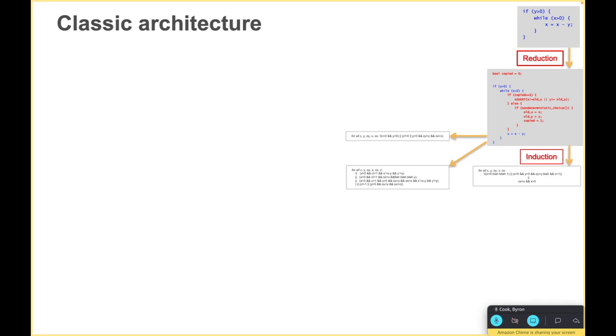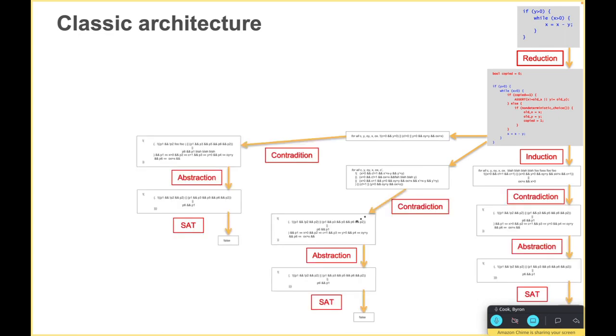Typically with induction, you have an inductive invariant, you check the step case, you check the base case, and you check that the invariant implies the property. And from there, even if you're not using an SMT solver, somewhere down deep in the engine it's probably doing some form of contradiction, some form of abstraction, and then satisfiability.